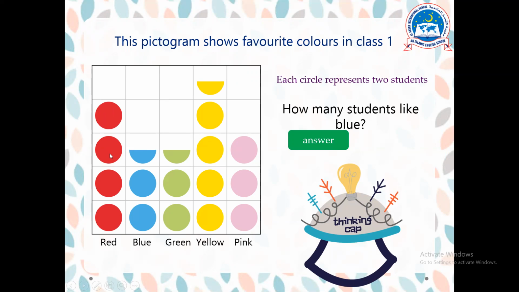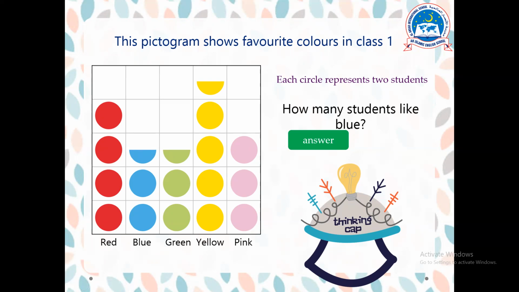And here, as you can see, half a circle means 1 student, because the full circle represents 2 students, so the half circle represents 1 student.